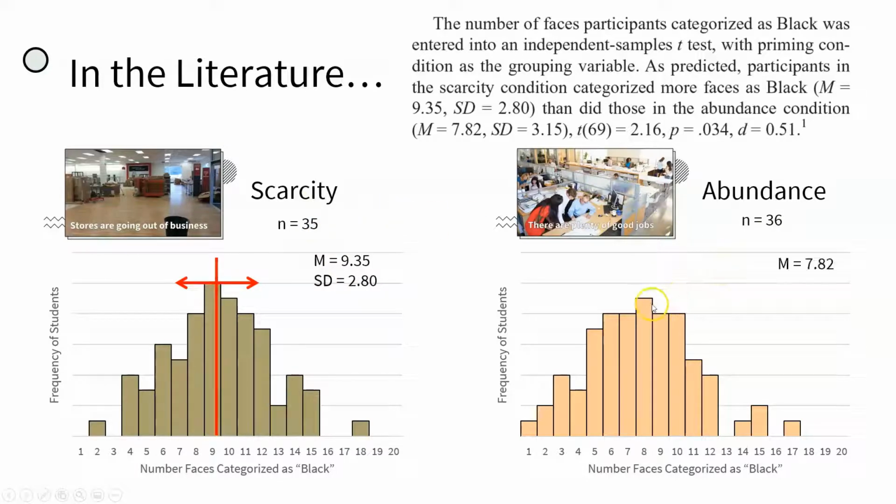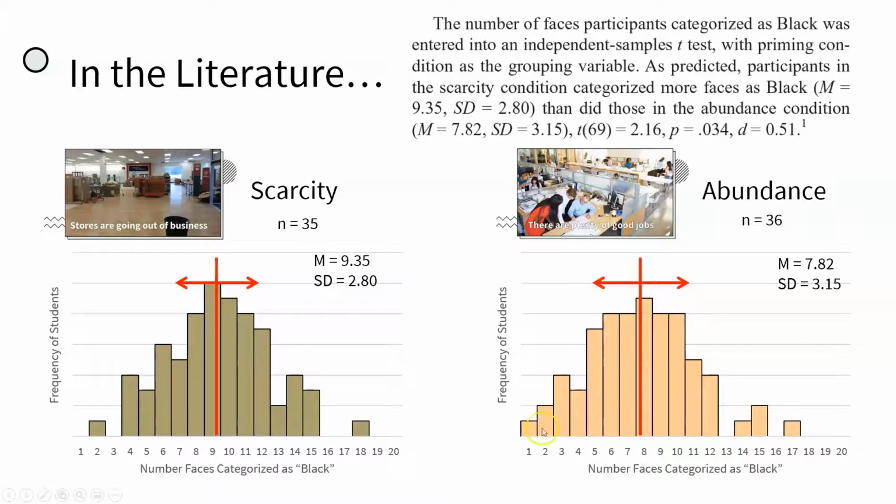The mean of this group was 7.82, which I would write slightly above 7, nearly 8. 7.8 is nearly 8, and I would mark the mean of that group there, and the standard deviation at 3.15 would be 3 points above the mean on the right side and 3 points below the mean on the left side, and we could expect that about 70% of the scores typically fall within this range.